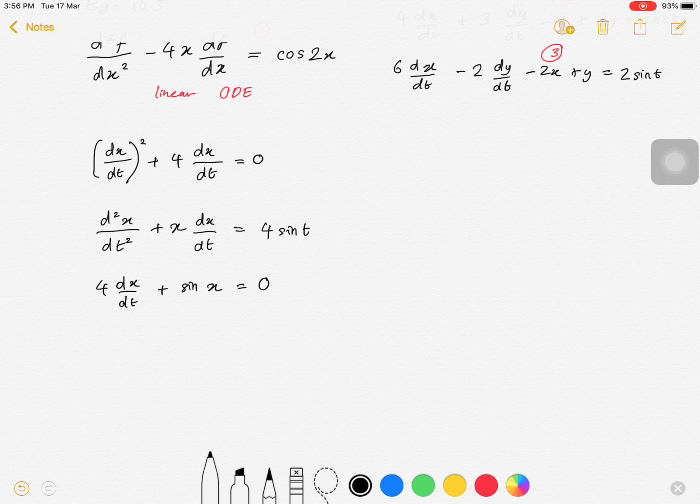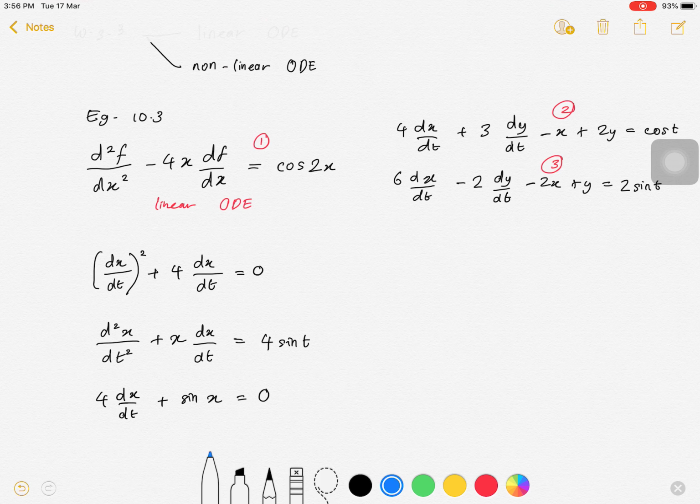Okay, all of these are non-linear ODE. Why?